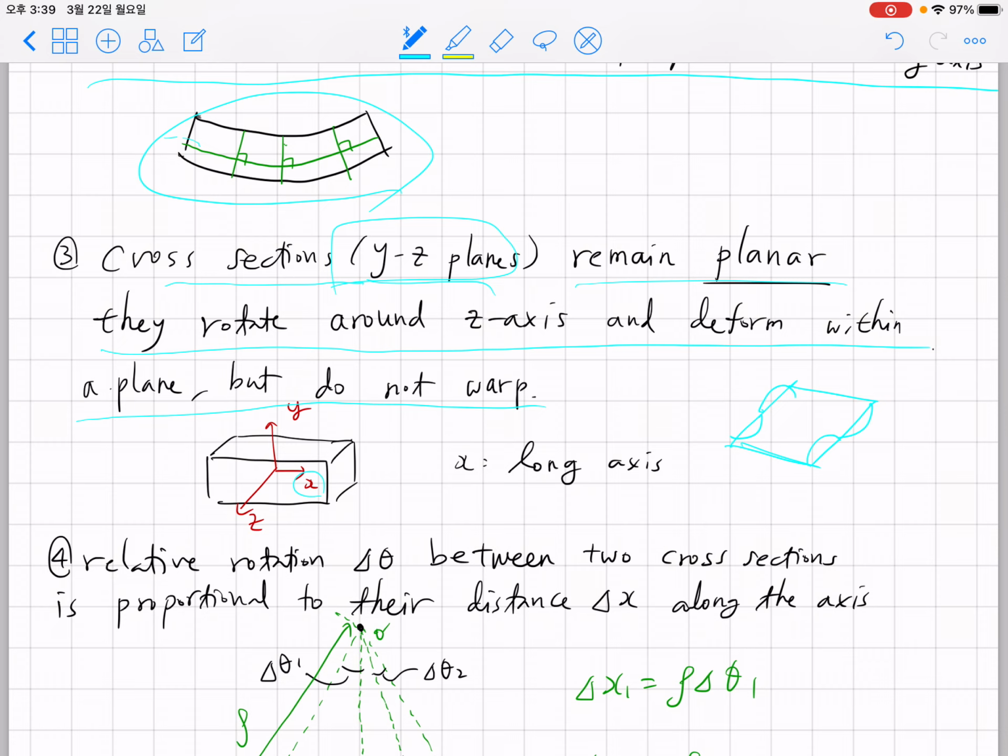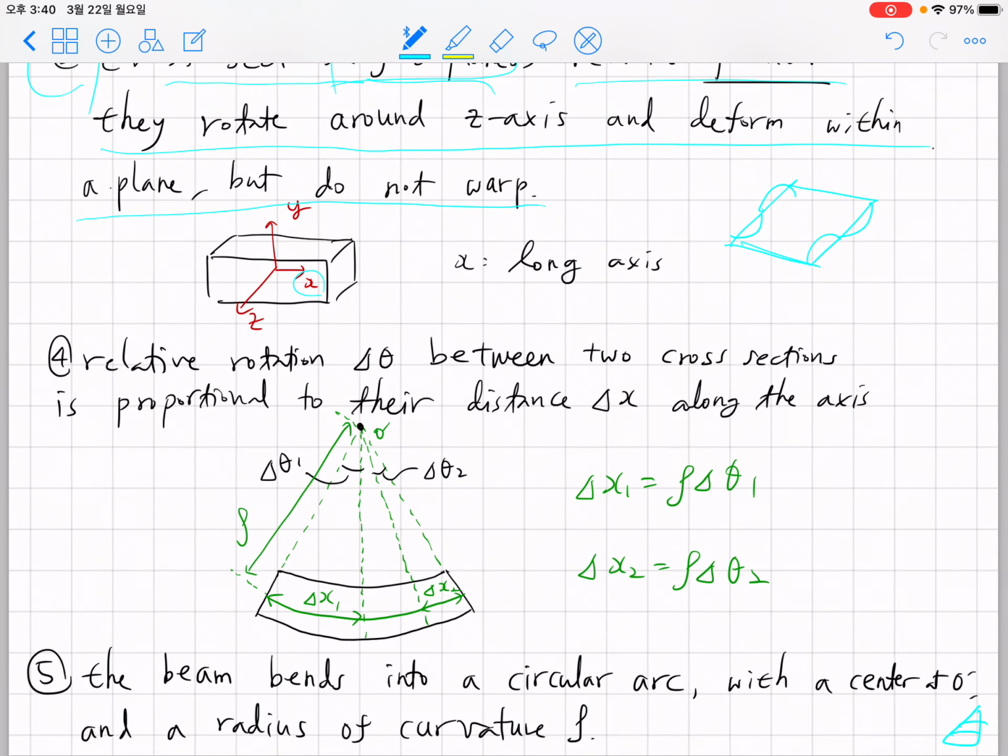What number 3 says is that when you have some imaginary plane which is a complete plane in the beginning, even after the pure bending, the plane remains a plane. Of course it is not the case for asymmetric weird cross-sectional bending or non-pure bending. And please remember that the third condition only holds under the pure bending of a prismatic symmetric beam.